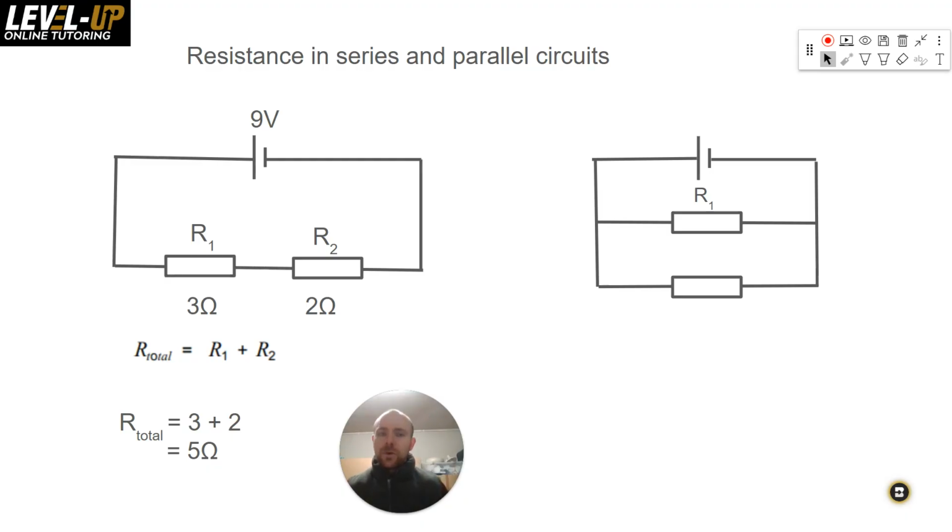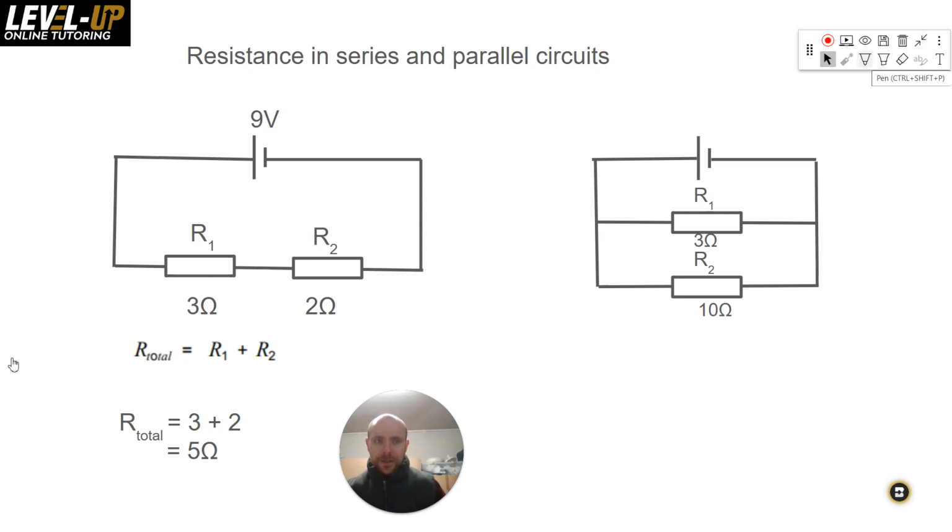In parallel, you don't need to know a formula, but you do need to know a pattern. Again, it sounds counterintuitive. Quite often with parallel circuits, it doesn't quite feel as intuitive as with series circuits. But as you add more resistors, the resistance of the complete circuit is going to go down.